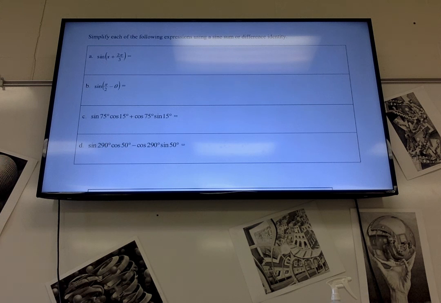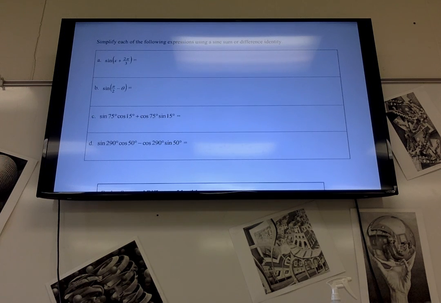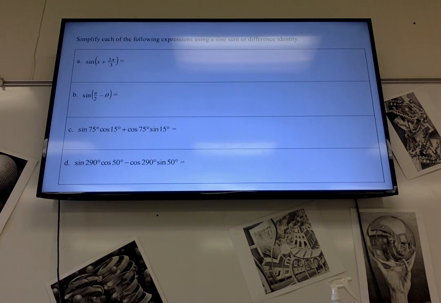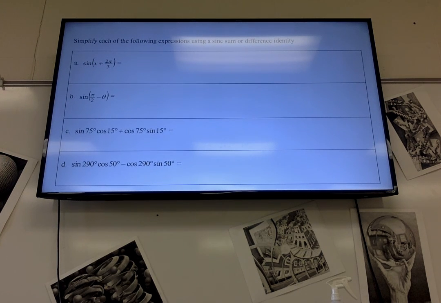Okay, so we know if you look back at the other page, two things added together. So that's the sine of A plus B. So it's the sine of x times the cosine of 2 pi over 3 plus the cosine of x times the sine of 2 pi over 3.